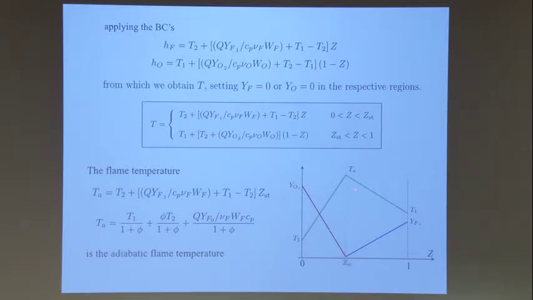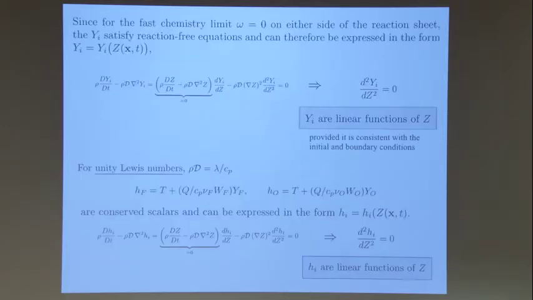By the way, the flame temperature is given here, okay? It's obtained by equating the top and the bottom relation. The top one was obtained from here by setting that, well, HF, remember from the previous slide, is a combination of T and fuel.